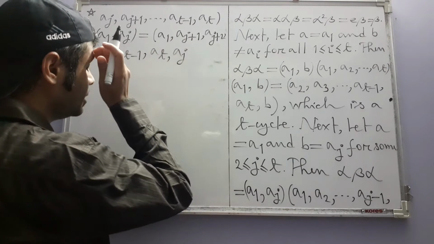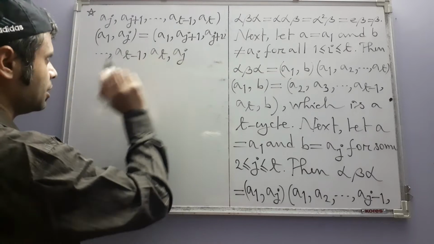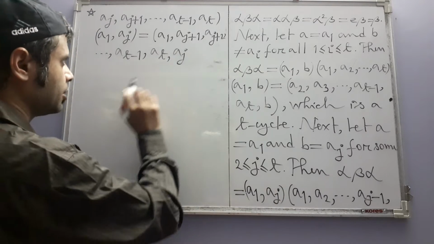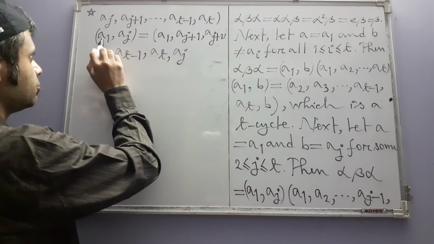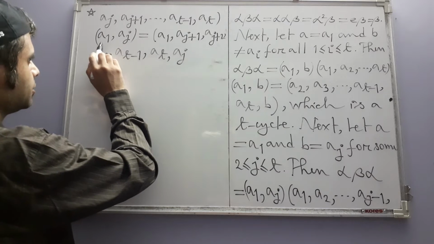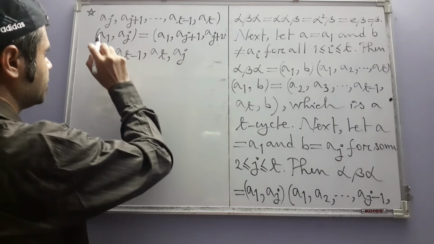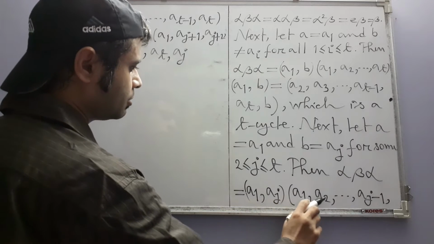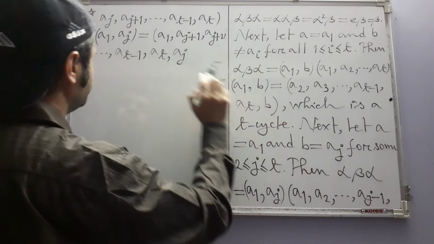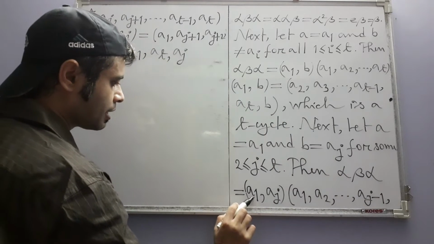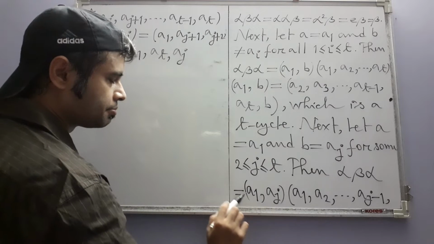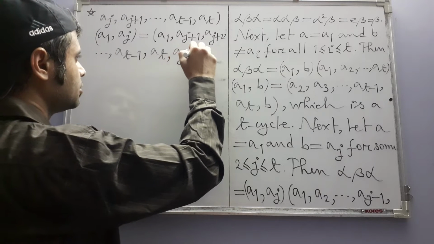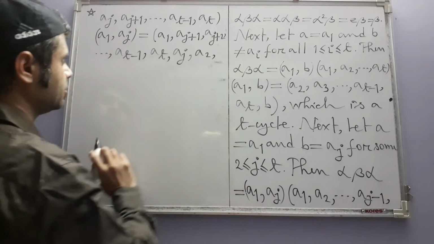This is a_j, and then we look at the effect of this product on a_j. So a_j is sent to a_1 by this rightmost one, then that a_1 is sent to a_2 by beta, and that a_2 is unchanged by this. So that means a_j is sent to a_2.